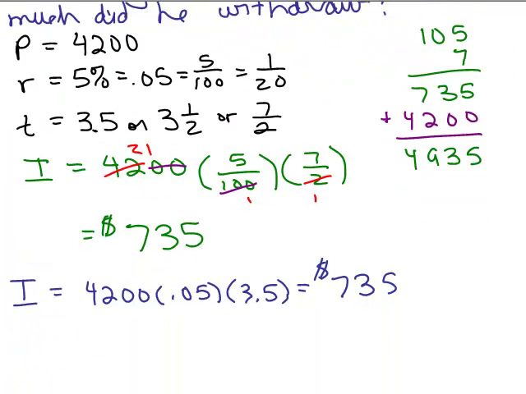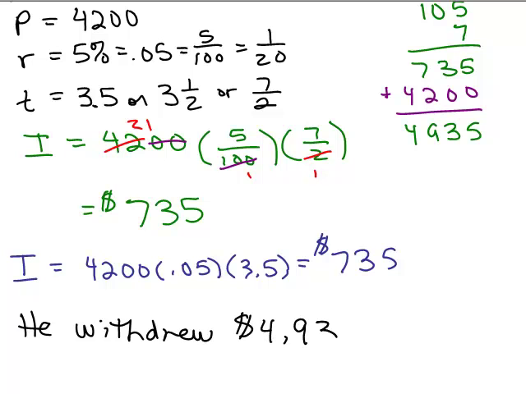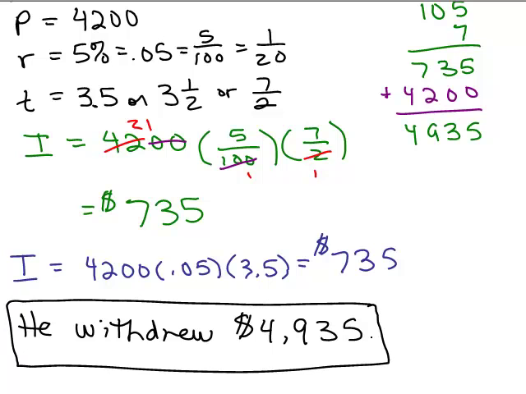So he withdrew $4,935. Okay. All right, so the interest he earned was 735, so he had that much more money.